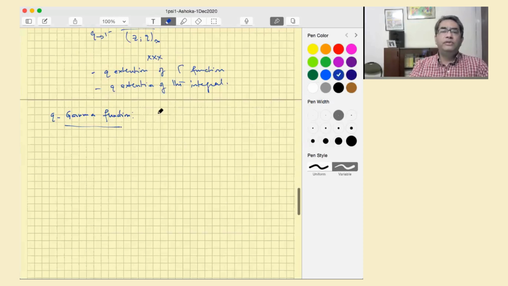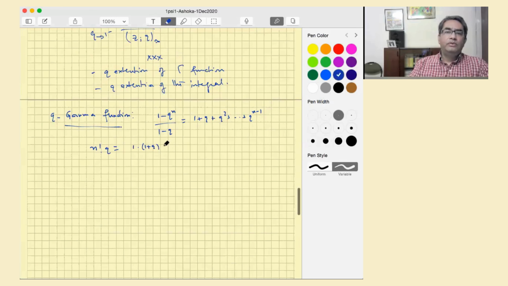First of all, you notice that 1 minus q raised per n is what we have from high school. And we can have an extension of the n factorial as 1 into 1 plus q into 1 plus q square and so on up till 1 plus q plus so on up till q raised per n minus 1.